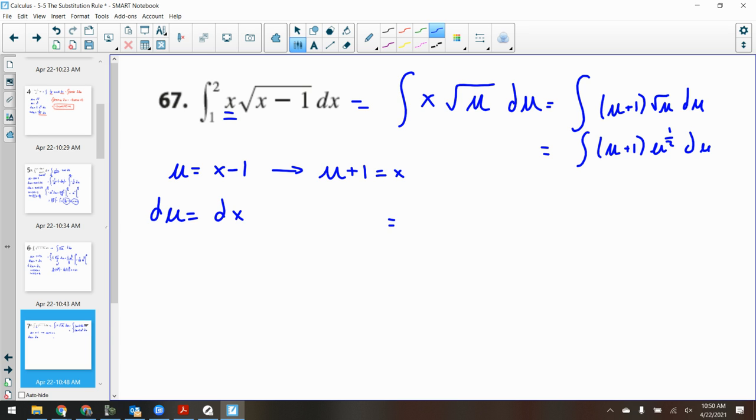Which means that's u to the first times u to the 1/2, that's u to the 3/2, 1 plus 1/2 is 3/2, plus u to the 1/2 du. And now I've successfully performed my u substitution, so let's figure out my endpoints. 1 minus 1 gets us 0, 2 minus 1 gets us 1. So instead of 1 to 2, I'm going from 0 to 1.